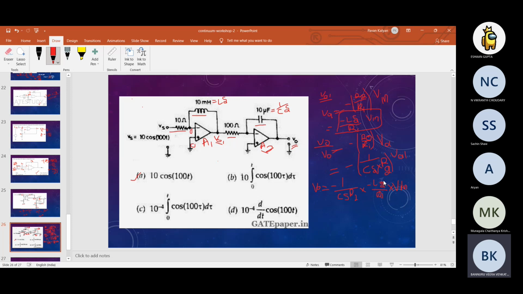And the s will get cancelled, and if we solve for this, minus L upon L is nothing but millihenry, so it will become 10 power minus 3, divided by C. The capacitor is nothing but 10 into 10 power minus 6 capacitance, into R1 into R2. It is nothing but 10 into 100, that is 10 power 3.